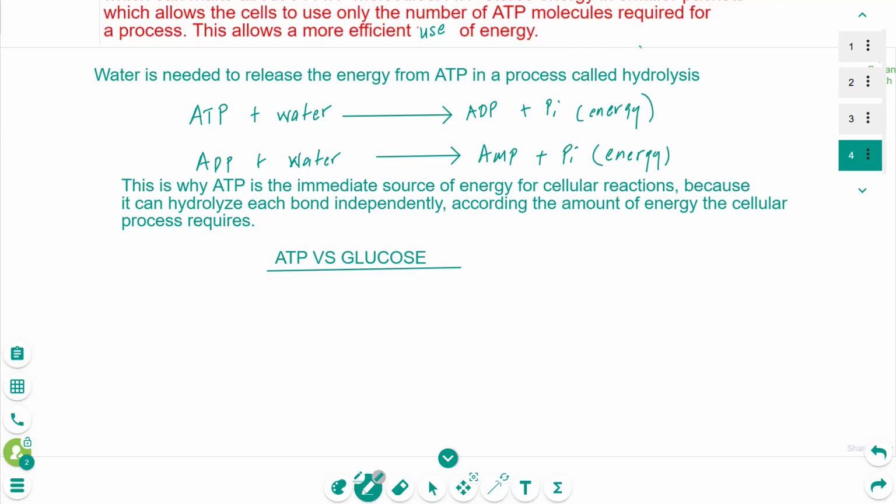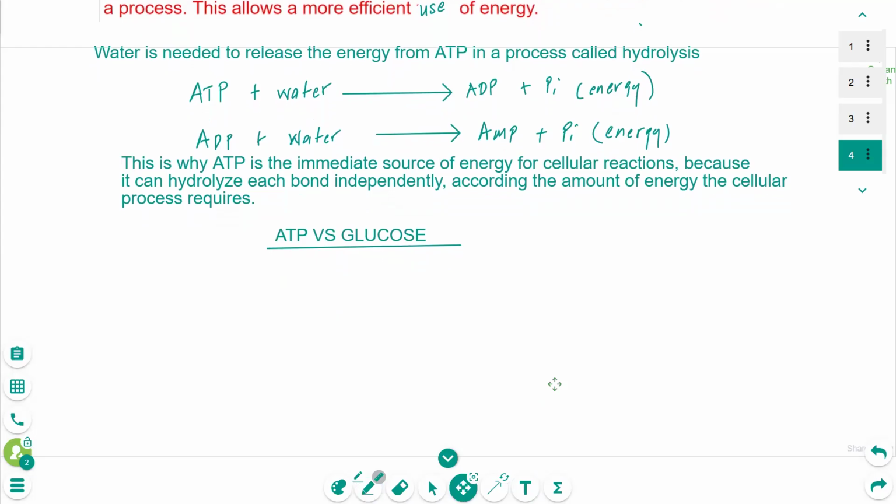I'm going to speak first about the benefits of ATP and then speak about glucose afterwards.